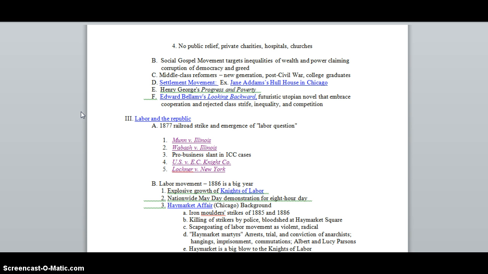So this is going to begin what will be called the settlement movement, and this is still private organizations, but it's a little bit more into what we would think today of the nonprofit field. The best example of this is Jane Addams and the Hull House in Chicago. She begins the Hull House as a settlement house that is mostly filled with immigrants and the working poor.